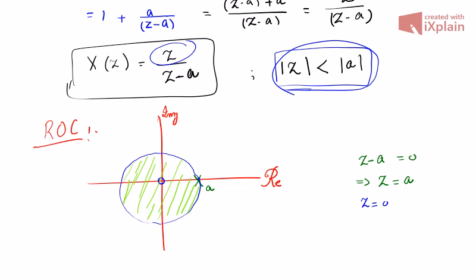It will not include the pole because the absolute value of z is less than the absolute value of a. So this shaded region gives us the region of convergence. So this is our ROC.